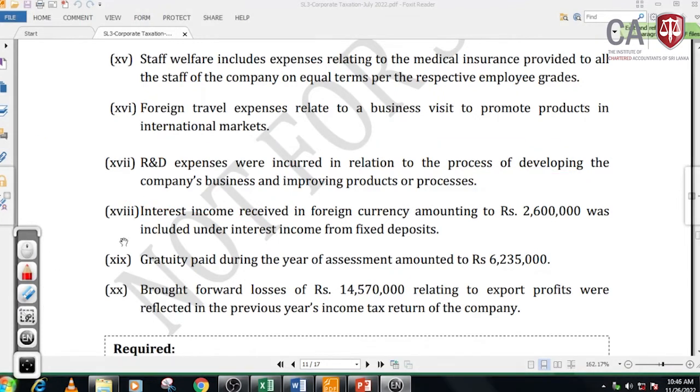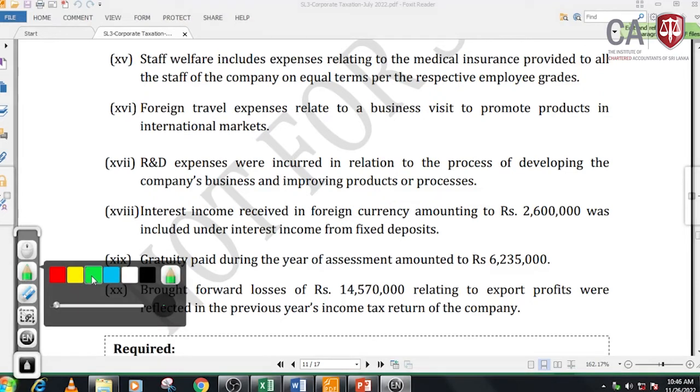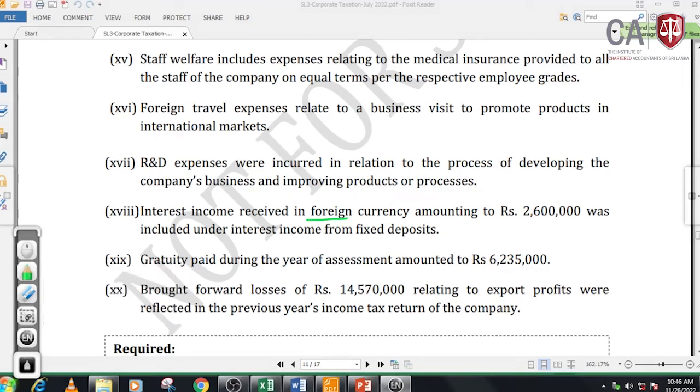Then the next one, interest income received in foreign currency amounting to rupees 2.6 million was included under the interest income from fixed deposit. Now you can see what the examiner has given: interest income received in foreign currency. Total is in the foreign currency, not a part, total.